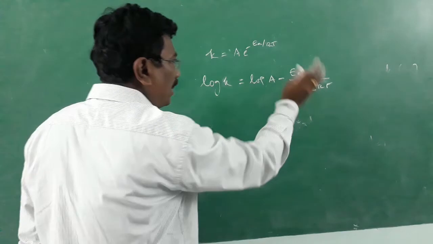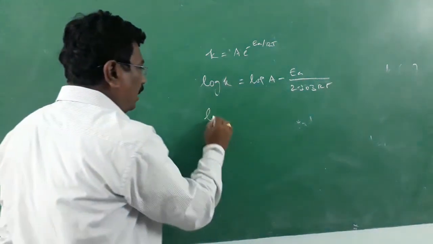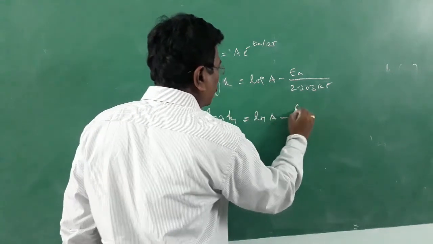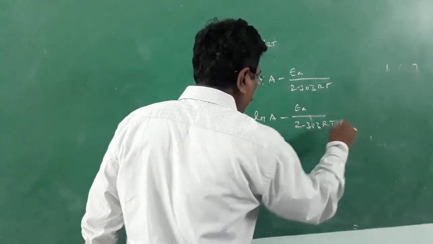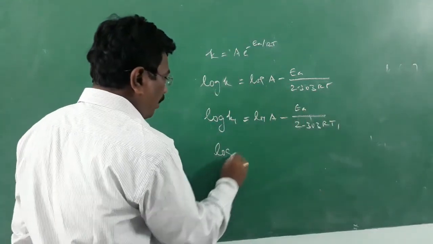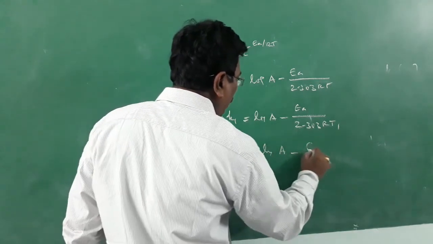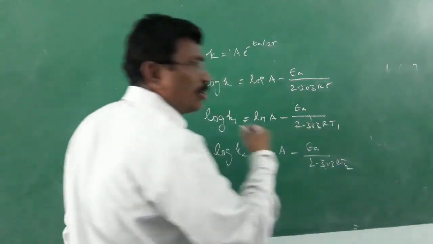Log K1 is equal to log A minus Ea by 2.303 RT1. This equation we have derived already. Log K2 is equal to log A minus Ea by 2.303 RT2.